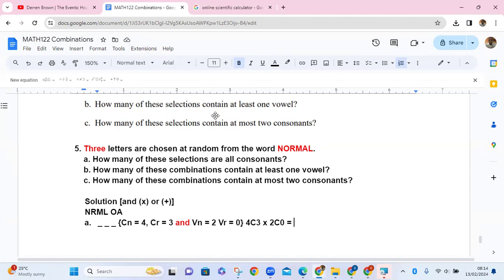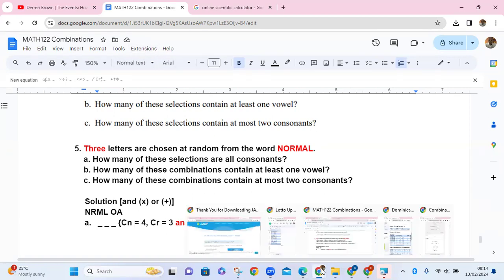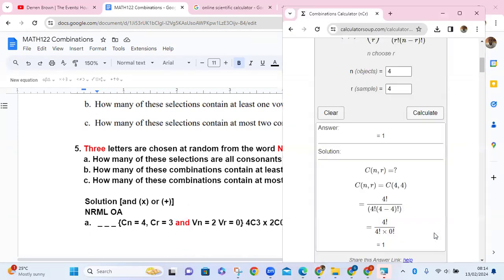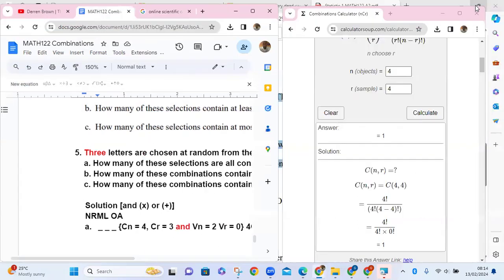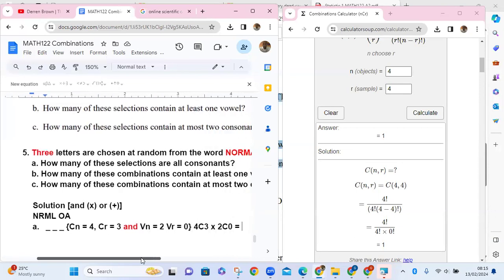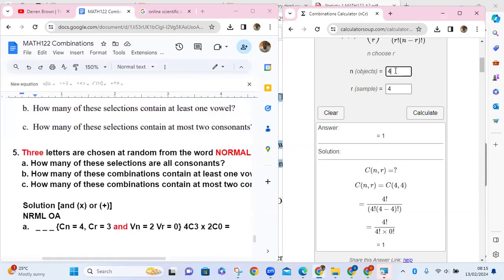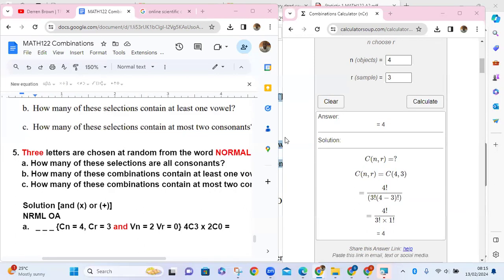So let's use our combination calculator to help us deal with this. 4C3 is 4, obviously. So it's 4 times 1 is 4. So the answer for part A is 4.